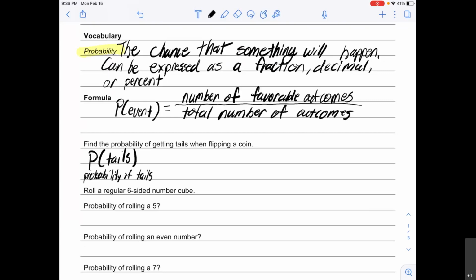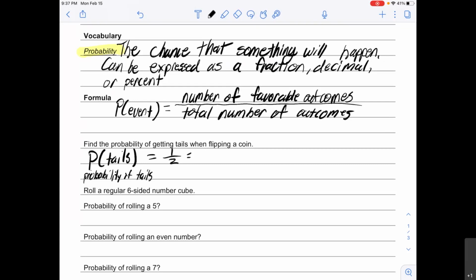When we have that, the probability of tails equals, well, on a coin, there are two possible outcomes, heads or tails, because there's two sides of a coin. So the bottom of my fraction will be 2, and one of those sides has tails on it. So my probability of getting tails is 1 out of 2.